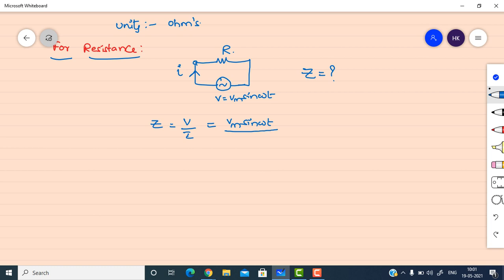Current equation. Current I is equal to V by R. V means Vm sin omega t by R. So in place of current, substitute this one: Vm by R into sin omega t.